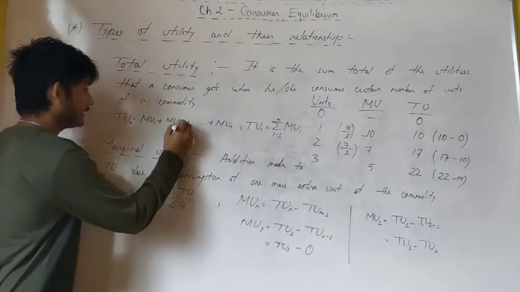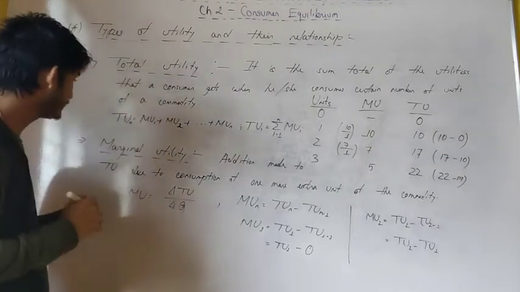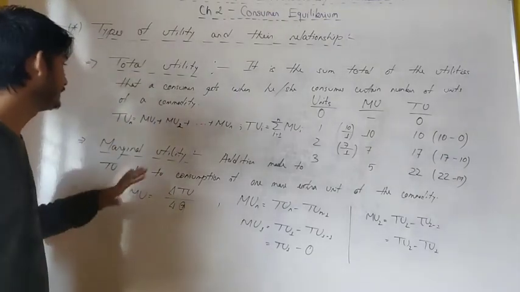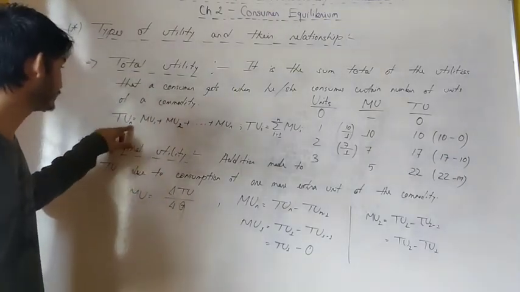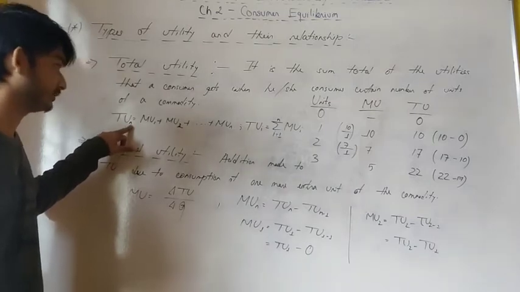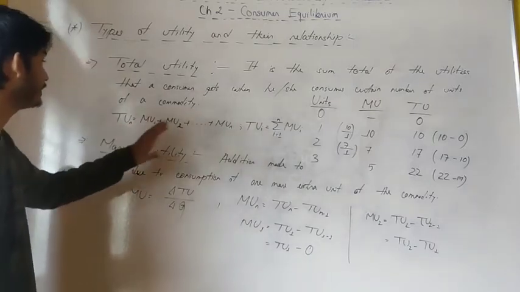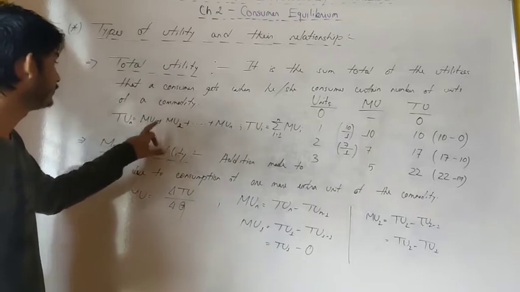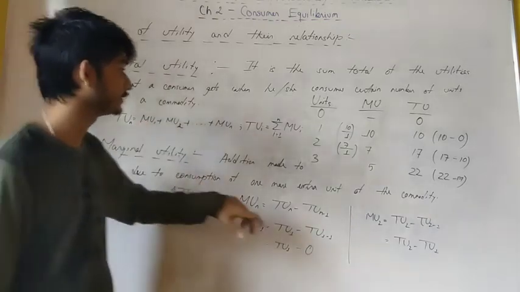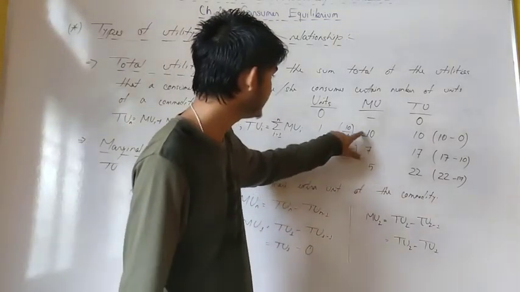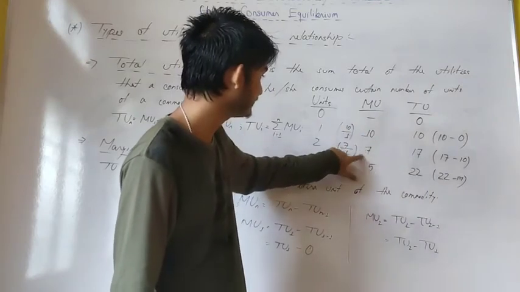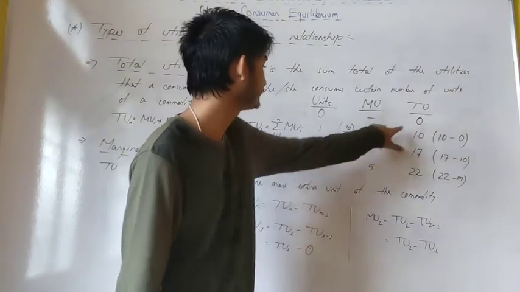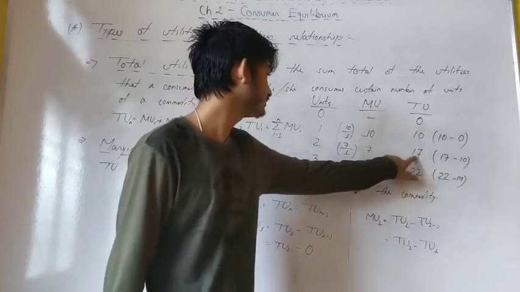So if we want to find the total utility of the second unit consumed, we add up the marginal utilities of the first and second units, 10 and 7, and we get 17.